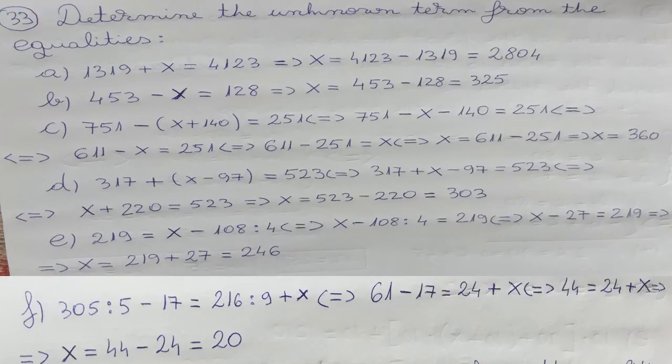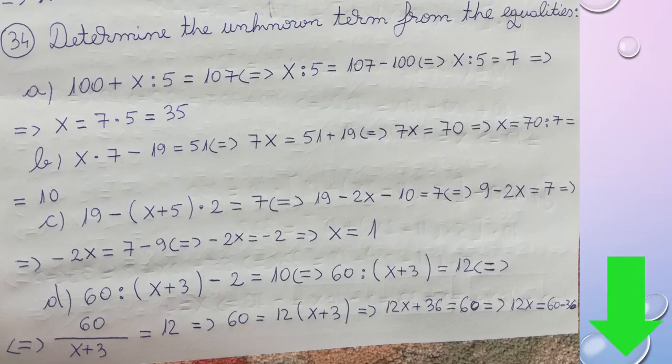So x is 219 plus 27, which is 246. In point F, we make the divisions first and we obtain 61 minus 17 equals 24 plus x. So x is 44 minus 24, which is equal to 20.